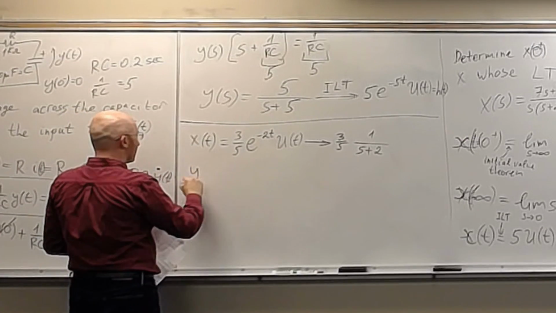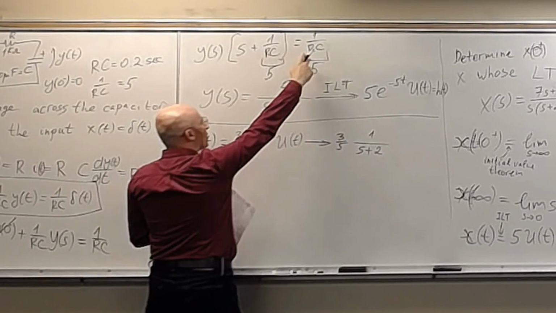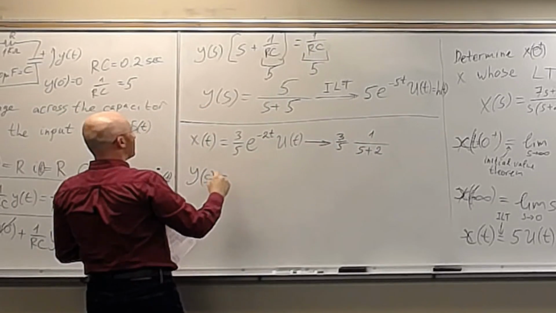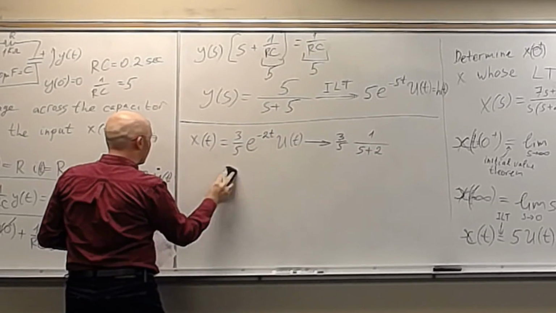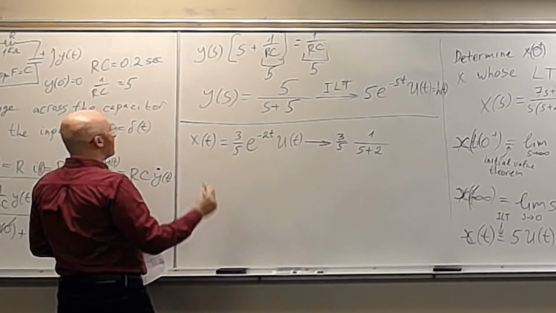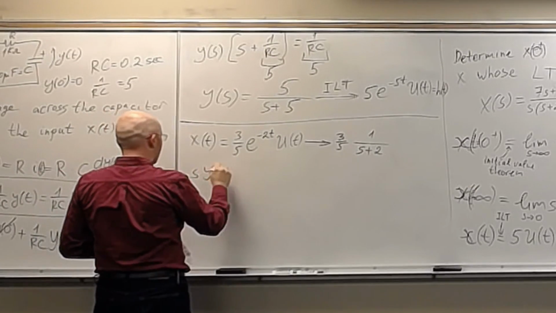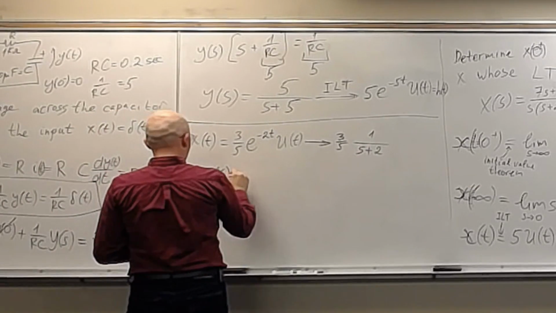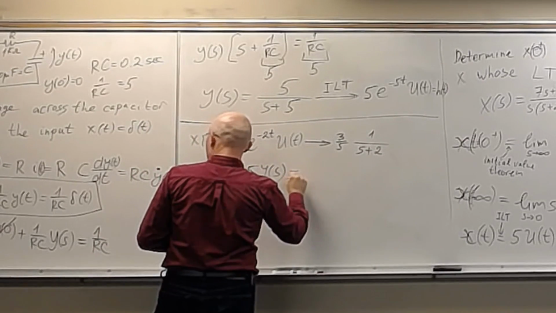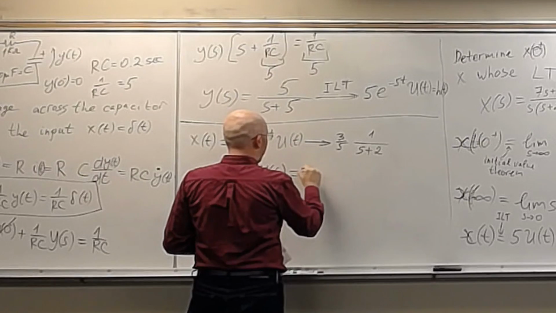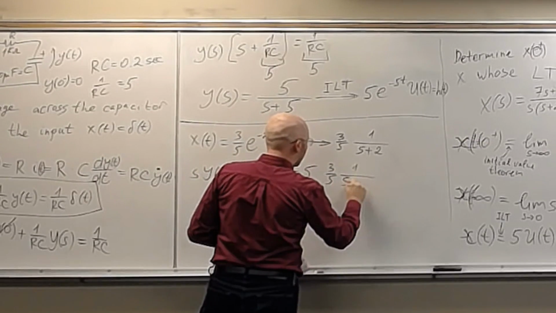So y of s, here instead of that thing, I'm putting just that thing. You have more steps. So you have s times y of s plus 5 y of s equals 5 times 3 over 5 on s plus 2.